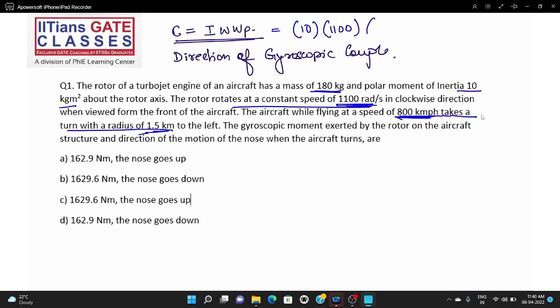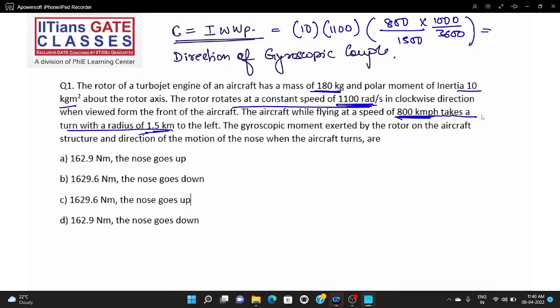So the angular velocity of precession will be 800 divided by 1.5 kilometer. You have to convert it into meter per second. So this is 1000 divided by 3600 divided by 1500.